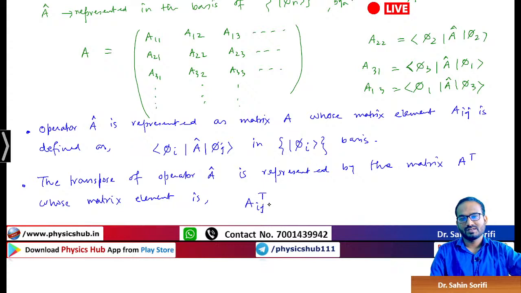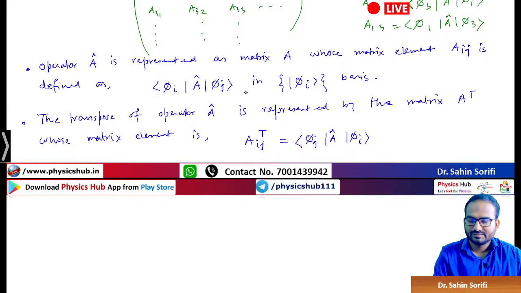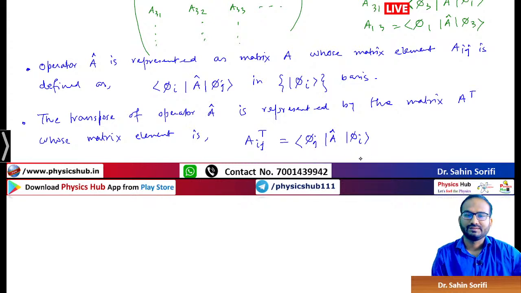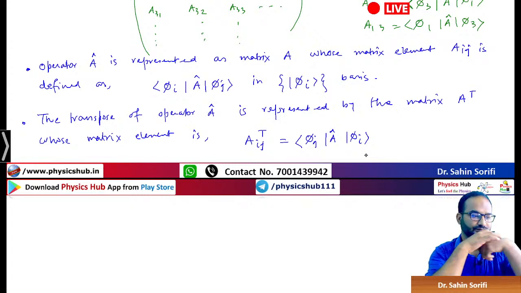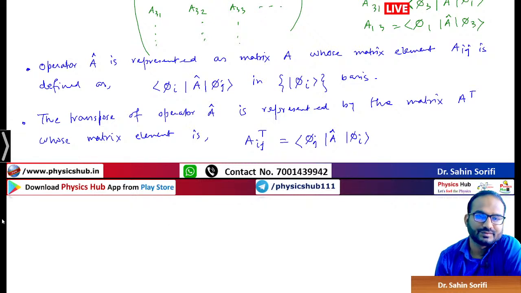Aij transpose. So obviously it will become phi j A phi i. Okay, just reverse. It was phi i A phi j for Aij. Aij transpose is phi j A phi i. Now if you want to calculate the Hermitian or adjoint, then also this will be applicable to it.